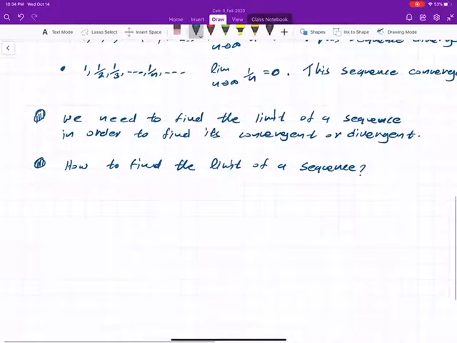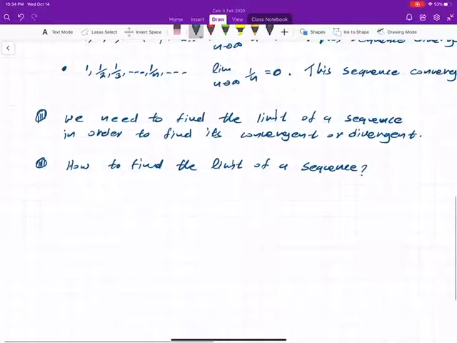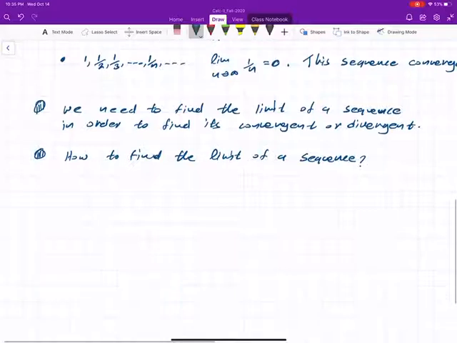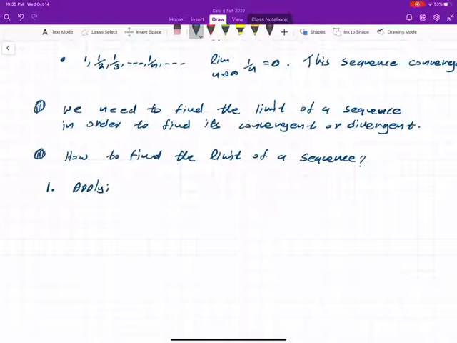There are three main ways that we're going to learn in this class. Just go one by one. The first approach is applying rules of the limit.